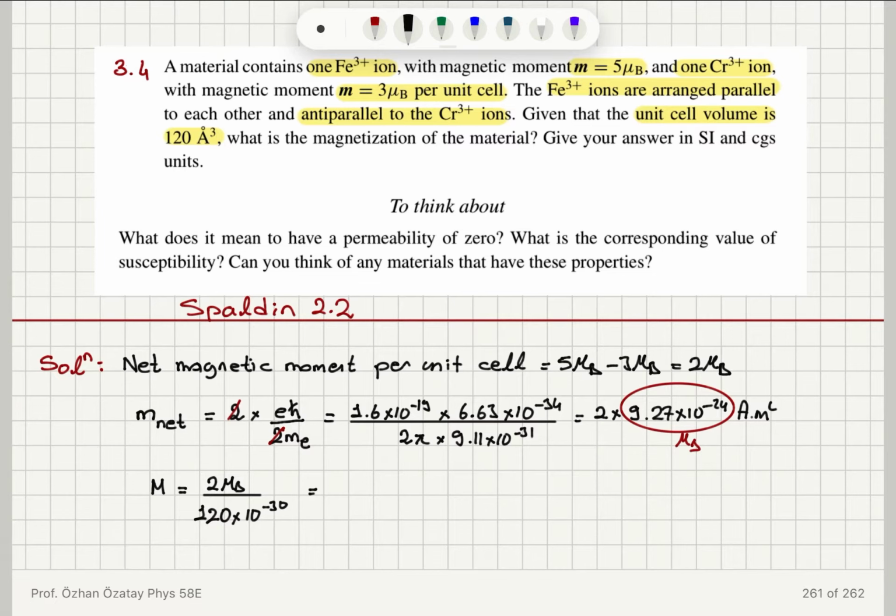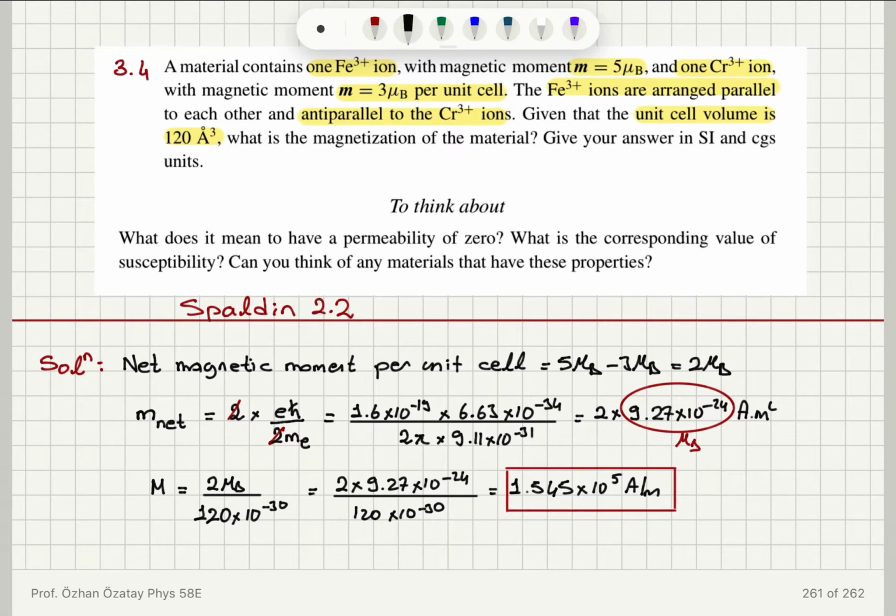So this will give us 2 times 9.27 times 10 to the minus 24 ampere meter squared divided by 120 times 10 to the minus 30, which is 1.545 times 10 to the 5 ampere per meter. So this is the magnetization in SI units.